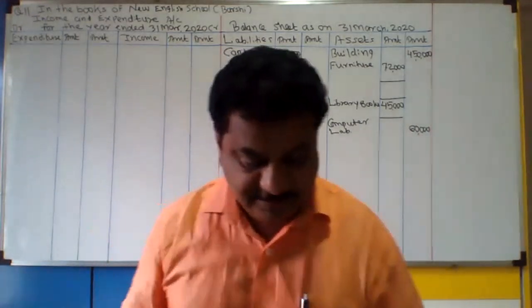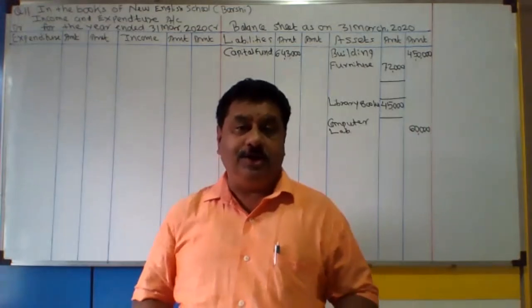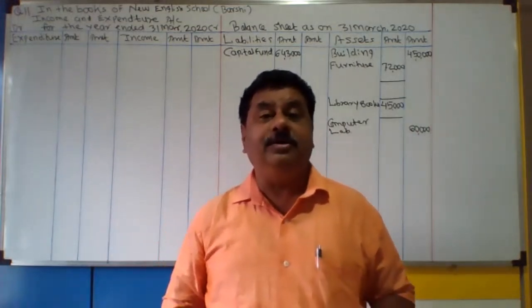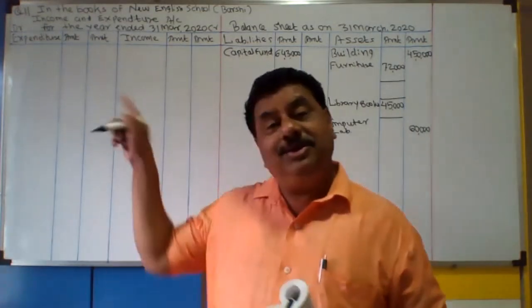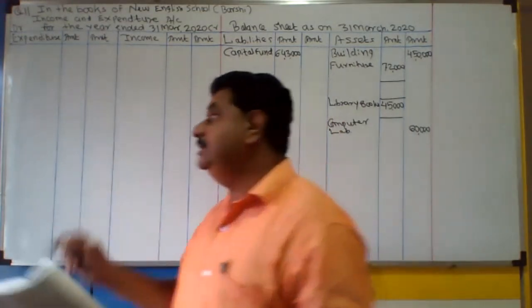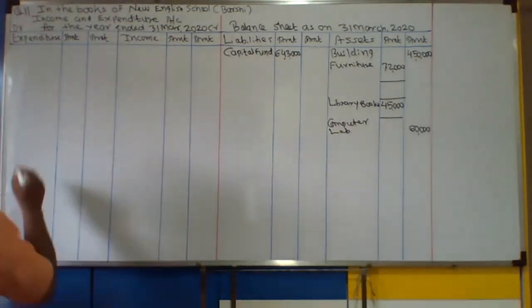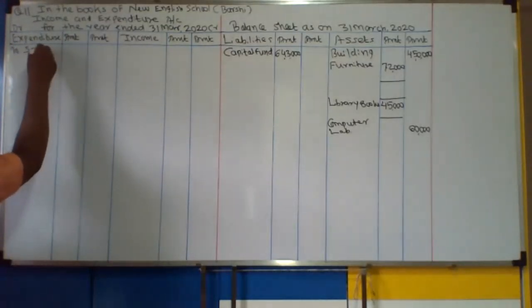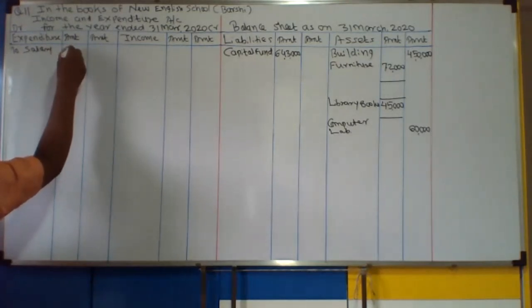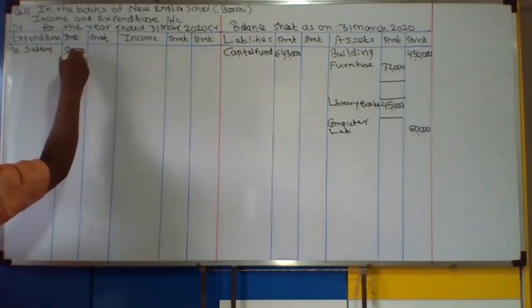Now what to record next? It is from the receipt and payment account. First of all, record payments: by salary to salary, 90,000.